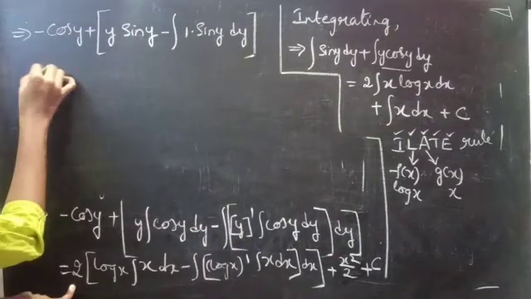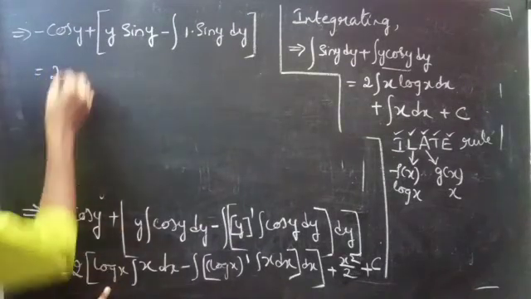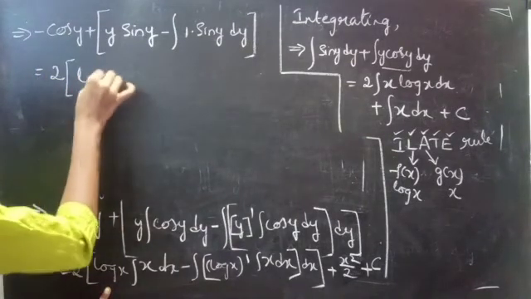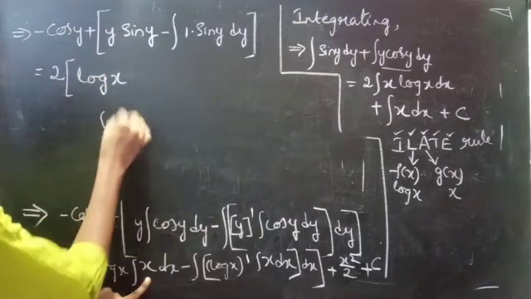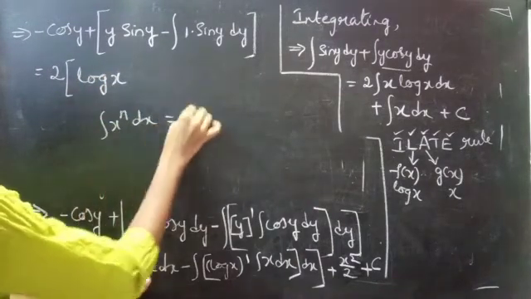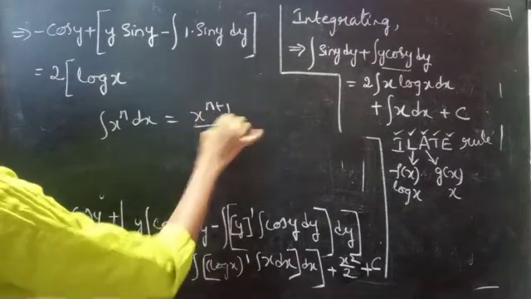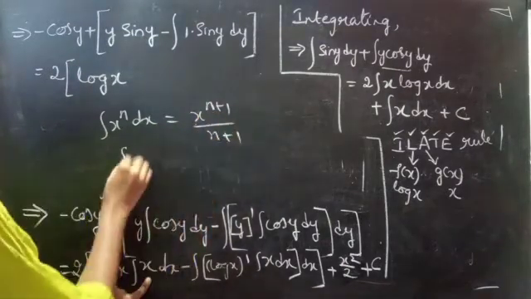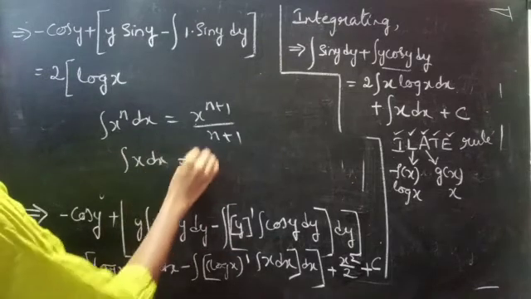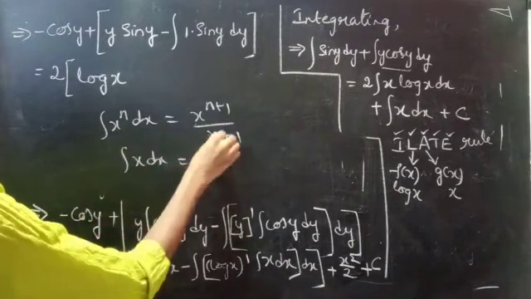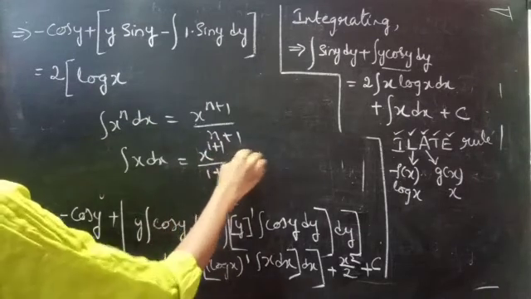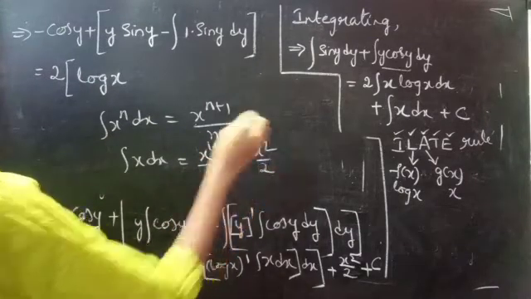Equals to 2 into log x times integral x power n dx, which is x power n plus 1 by n plus 1, since we are having integral x dx. So this is equals to x power 1 plus 1 by 1 plus 1, which is x square by 2.